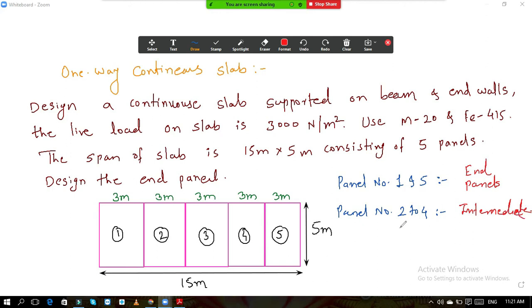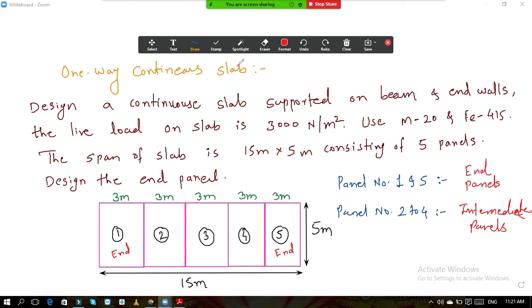So this panel is an end panel. This is also an end panel. And the intermediate panels are 2, 3 and 4.